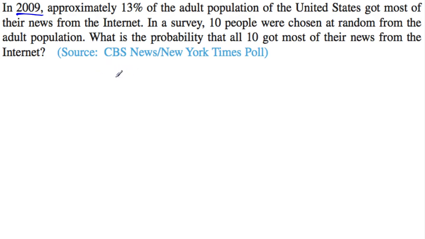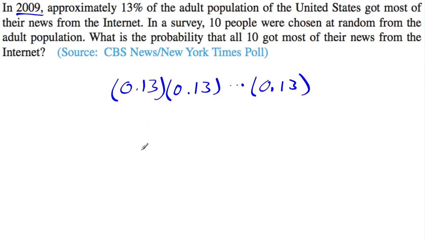What's the probability of just that one? Well, it'd be 13%, so 0.13. So for all 10, we would multiply that together 10 times. If we're multiplying something together 10 times, we just raise it to the 10th power.